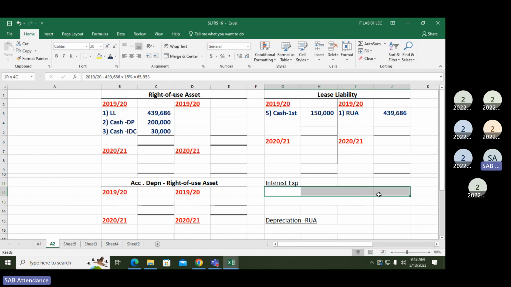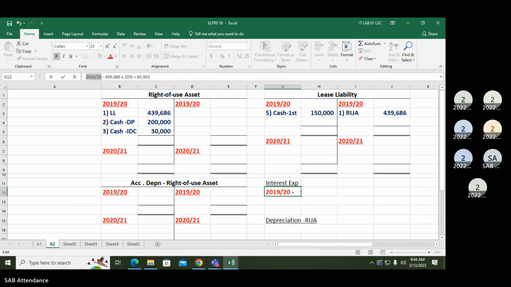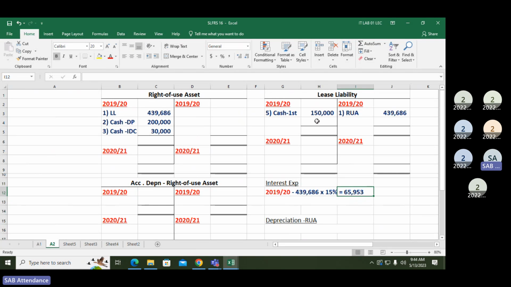Then you can take the depreciation. Now the interest expense, the first year interest, is the original lease liability times 15%. So that is included within this installment.